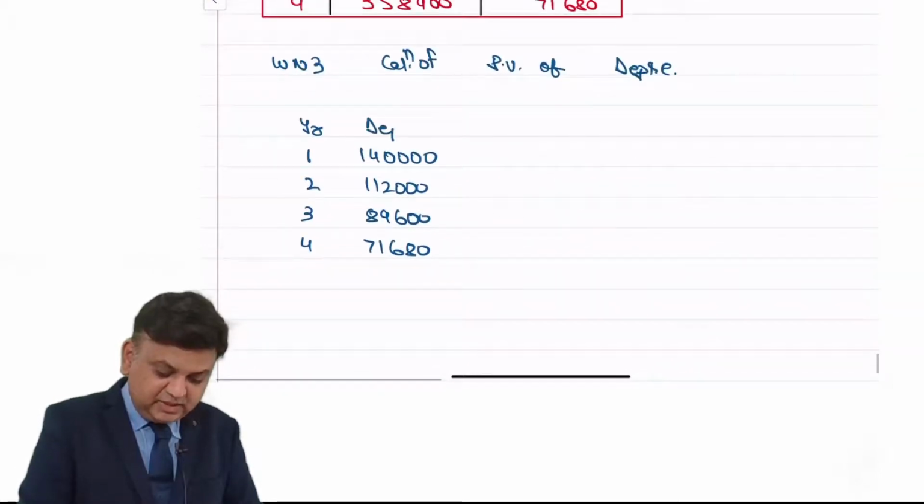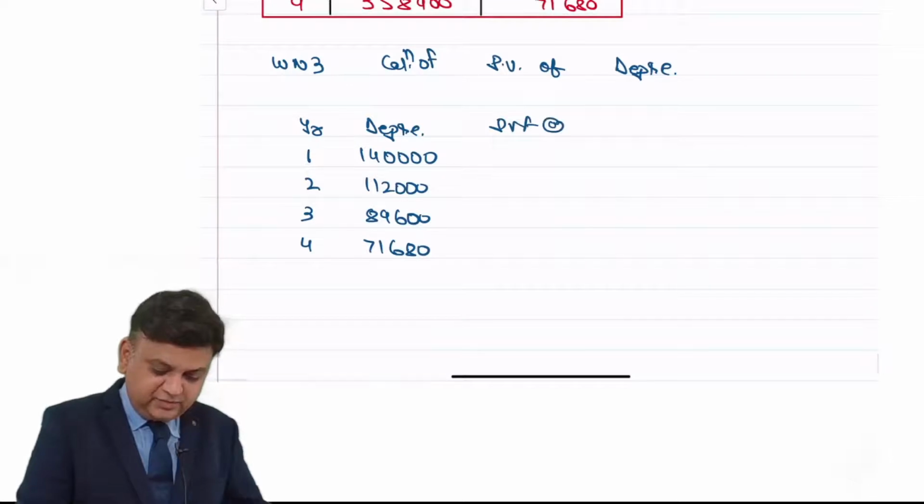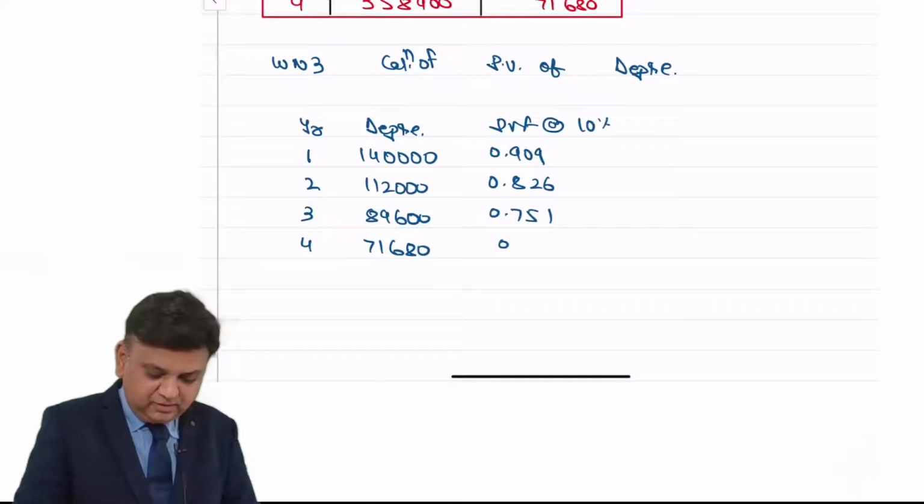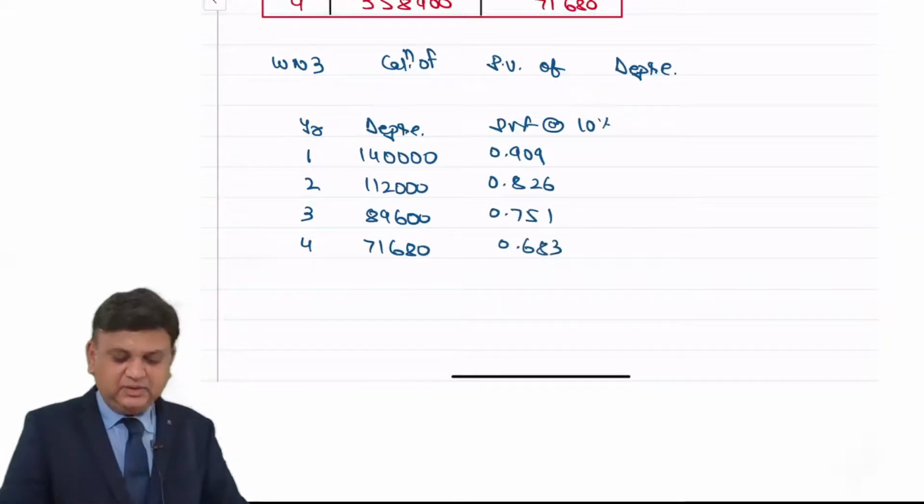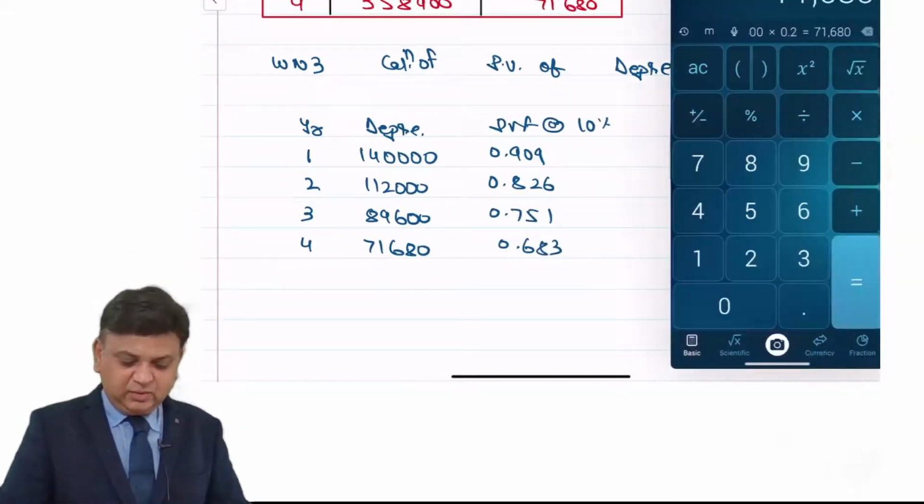This is incremental depreciation. Present value factor at the rate of 10%: first year it is 0.909, second year it is 0.826, third year 0.751, fourth year 0.683. I request you to write the answer. What is the significance?